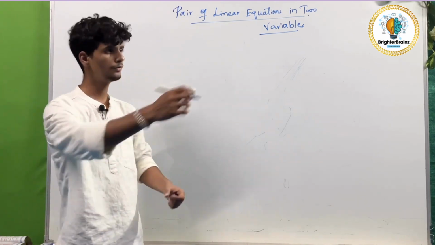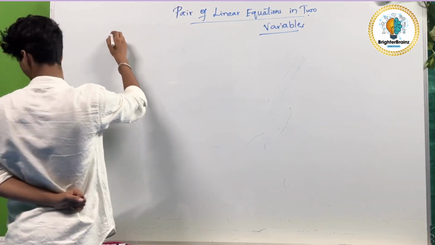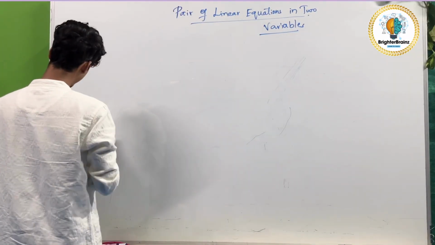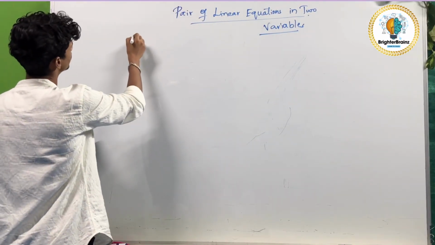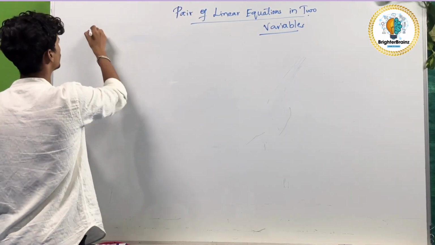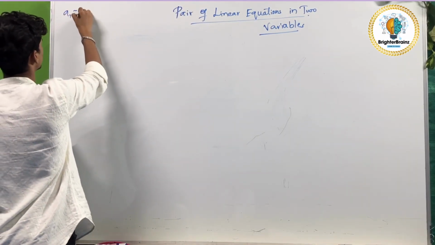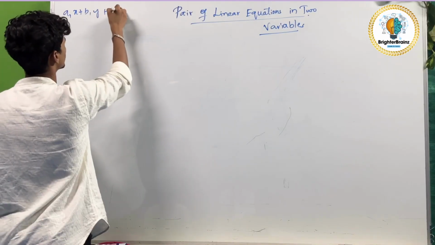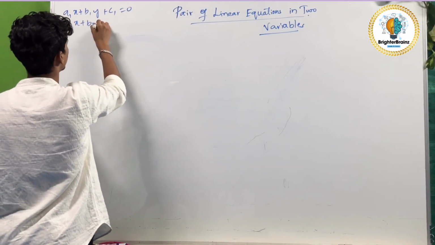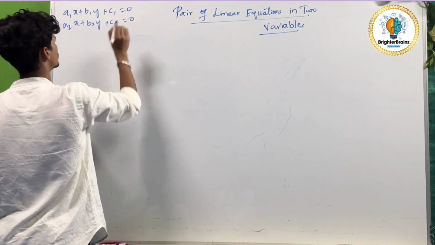First, draw a table. Let us write the pair of linear equations: a1x plus b1y plus c1 equal to 0, and a2x plus b2y plus c2 equal to 0.